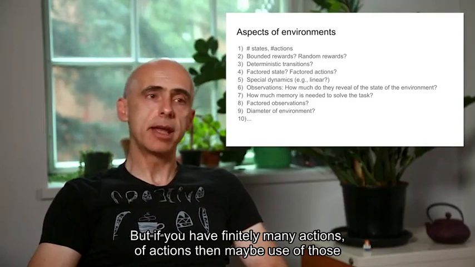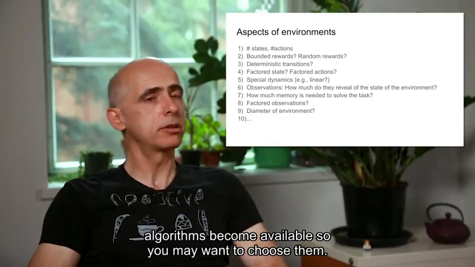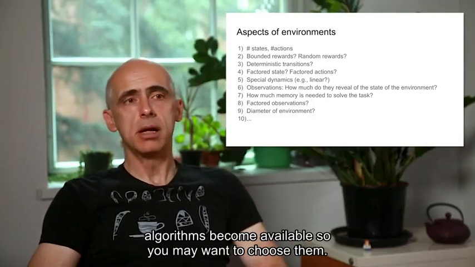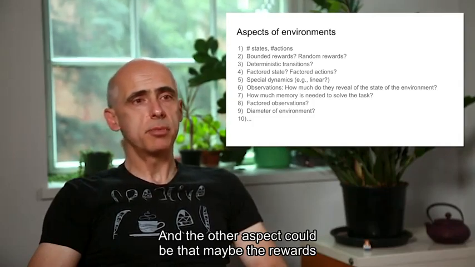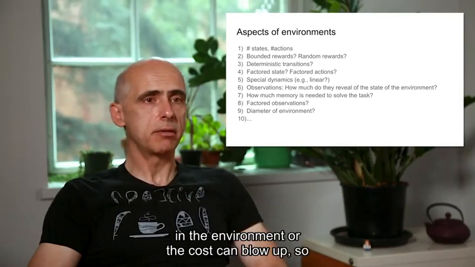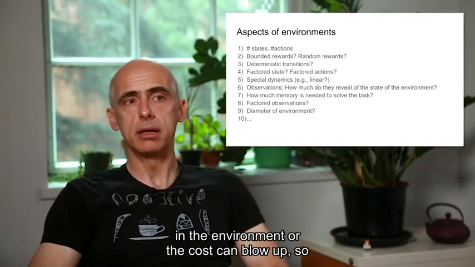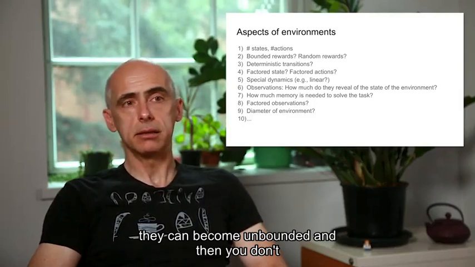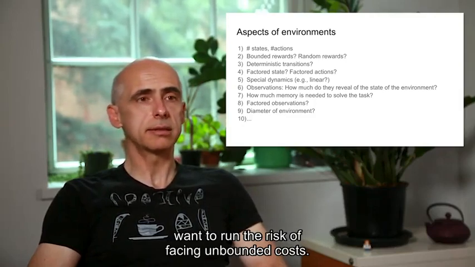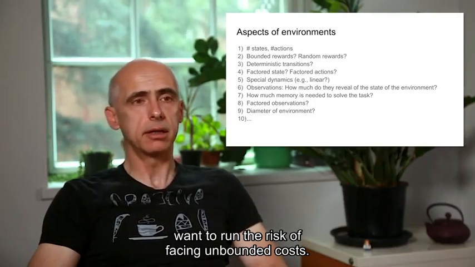But if you have finitely many actions, a small number of actions, then maybe suddenly those algorithms become available, so you may want to choose them. The other aspect could be that the rewards in the environment or the costs can blow up, so they can become unbounded, and then you don't want to run the risk of facing unbounded costs.